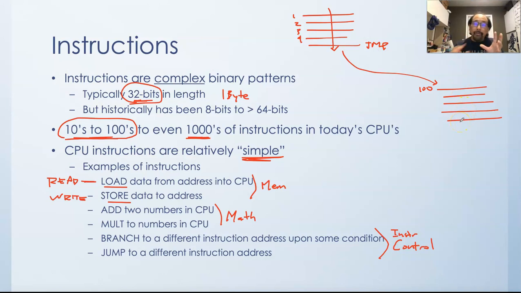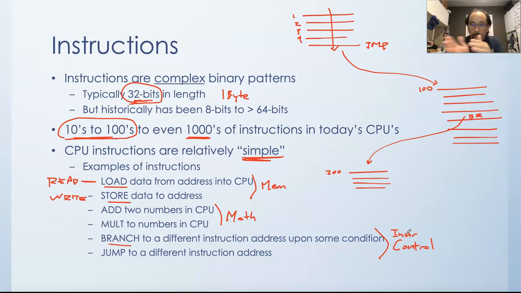Or I might even have a fancier thing called a branch. A branch is your conditional jumping. So I might have a branch right here, and it says, depending upon some situation, I want you to maybe go to another area of memory and start executing instructions from there instead, or just continue on doing what you were doing. So again, instruction control helps define where I should go in my instruction program. Okay?